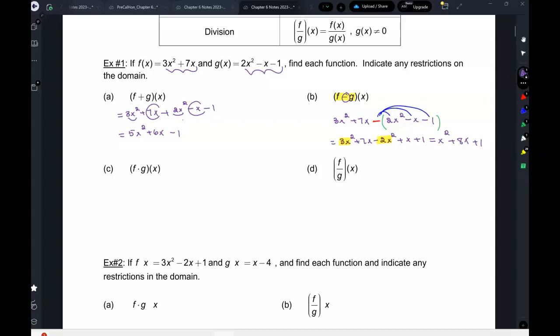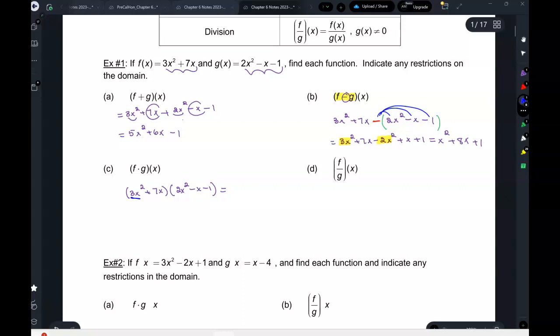Now, the next one says to do what with these 2 functions? I'm going to multiply this times this. Oh, boy. But it's okay because we can do this, because we did chapter 5. So what are we going to do?